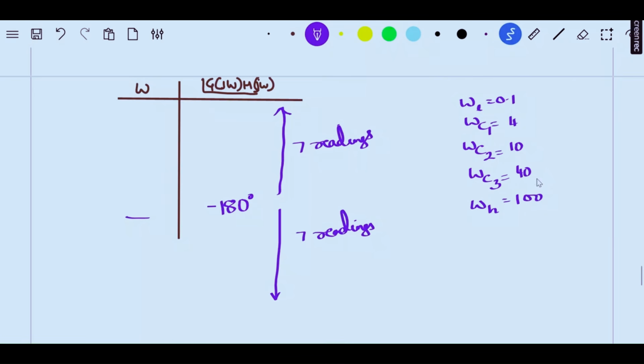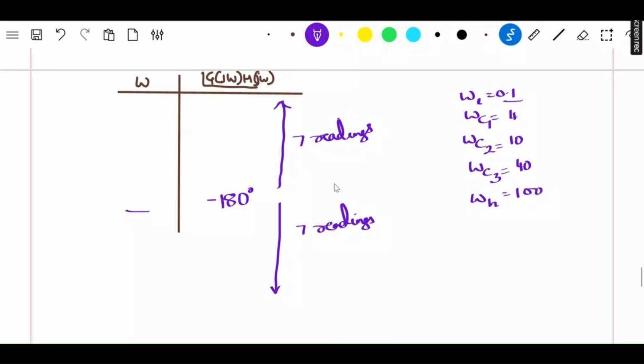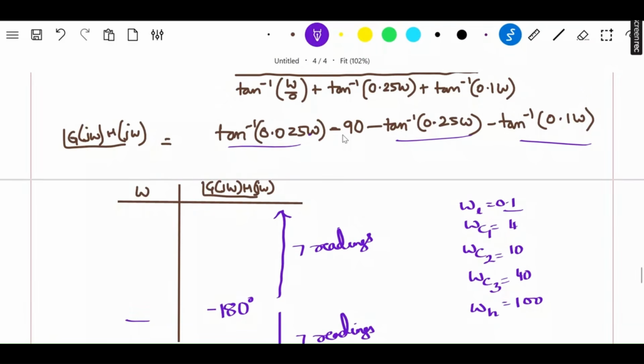So these corner frequencies matter, so let us construct this table now. In this formula, if you use the trial and error method, with omega between 4, 10, and 40, you will be able to get 180. So near 7.799, this is the omega value for which the angle is near minus 180.